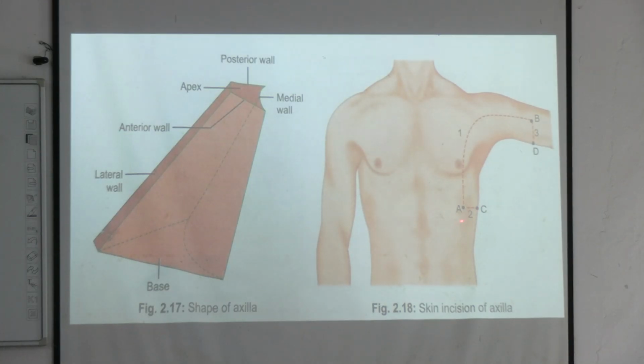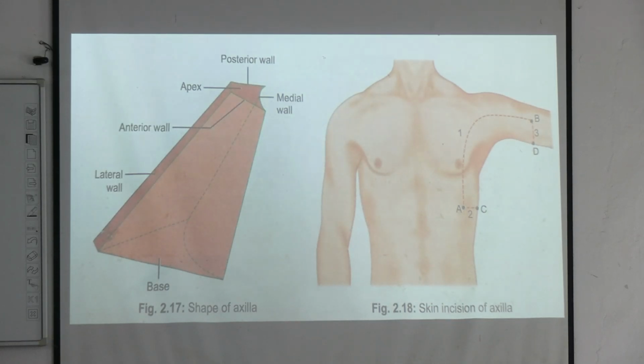Next, another incision is given along the anterior axillary fold up to the junction of upper 1/4 and lower 3/4 of the arm. Okay, and from this point, another incision extending posteriorly, joining the anterior and posterior axillary folds, and then the skin flap is extended posteriorly.